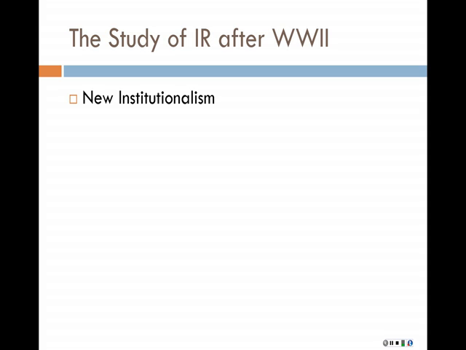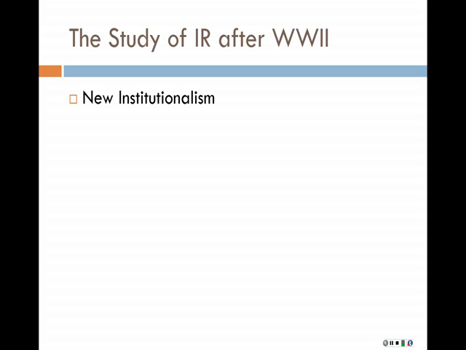And behavioralists moved in the opposite direction and maybe placed too much emphasis on human behavior to the neglect of institutions. So in the 60s and 70s, it was decided by those doing research that institutions do matter because they can provide a constraint to human and state behavior, and therefore these institutions must be considered.